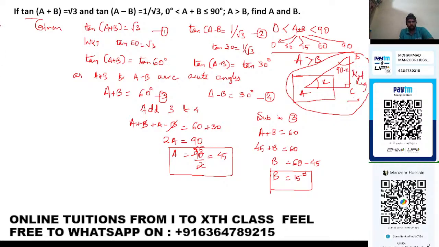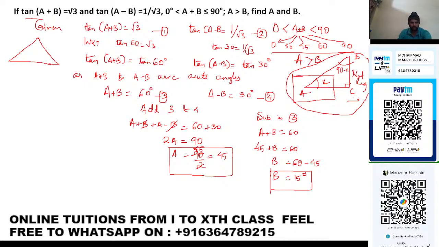It may be saying that all the angles are like this. Then we can find it out in this format. So in that case, angle A is equals to 45 degrees and angle B is equals to 15 degrees.